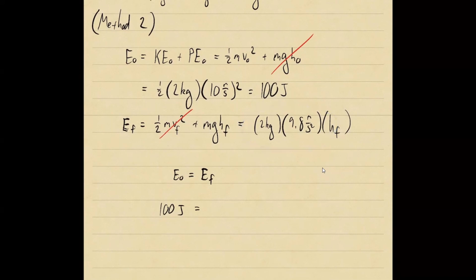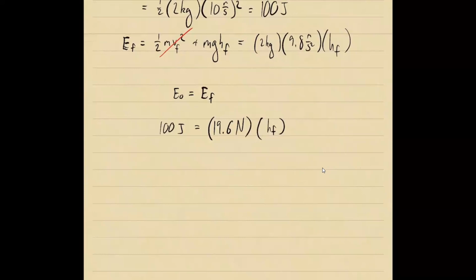So 2 times 9.8 is 19.6 newtons, times our max height above the ground. And now if we divide both sides by 19.6, we get a max height of 5.1 meters.